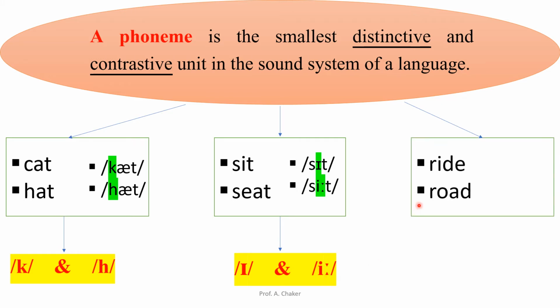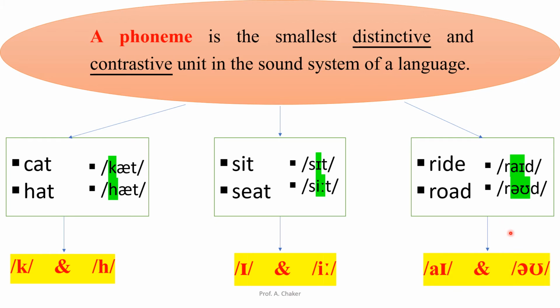Example 3. Write, wrote. Transcribe. What makes the difference? The diphthongs, I and O. So I and O are phonemes. You see? So this is how we can know the phonemes of a language.